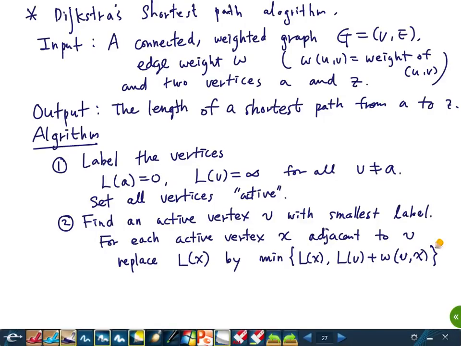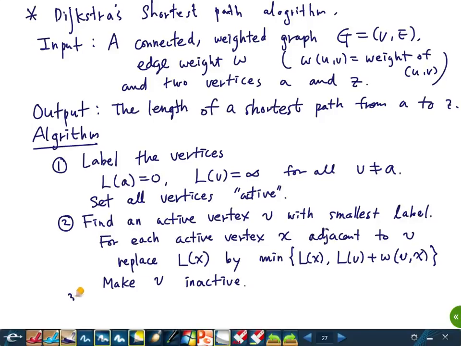This is kind of lengthy, but I'm going to explain this again using a diagram or this example. And then make V inactive. So we are done with this V, so it will no longer play any role.